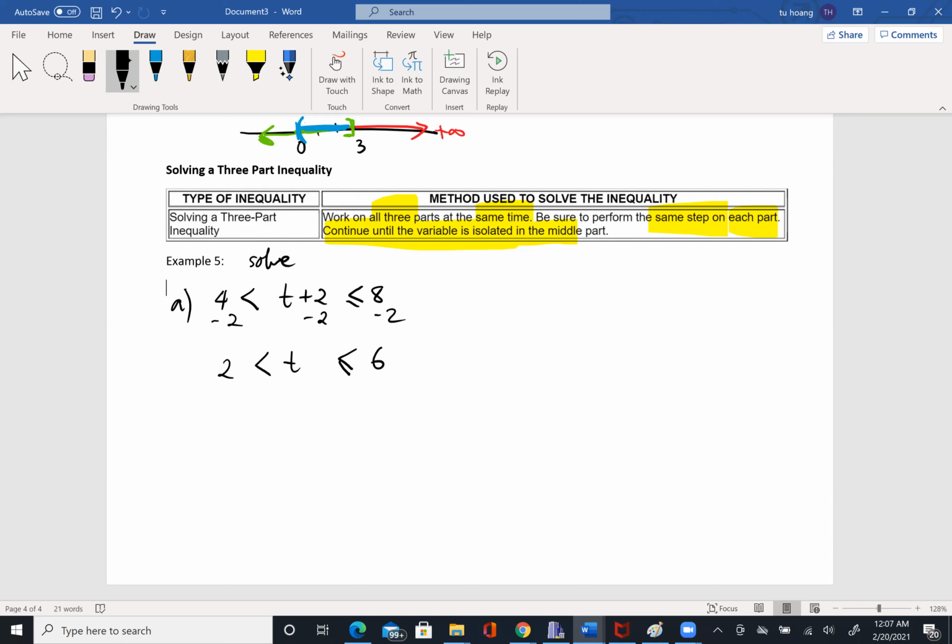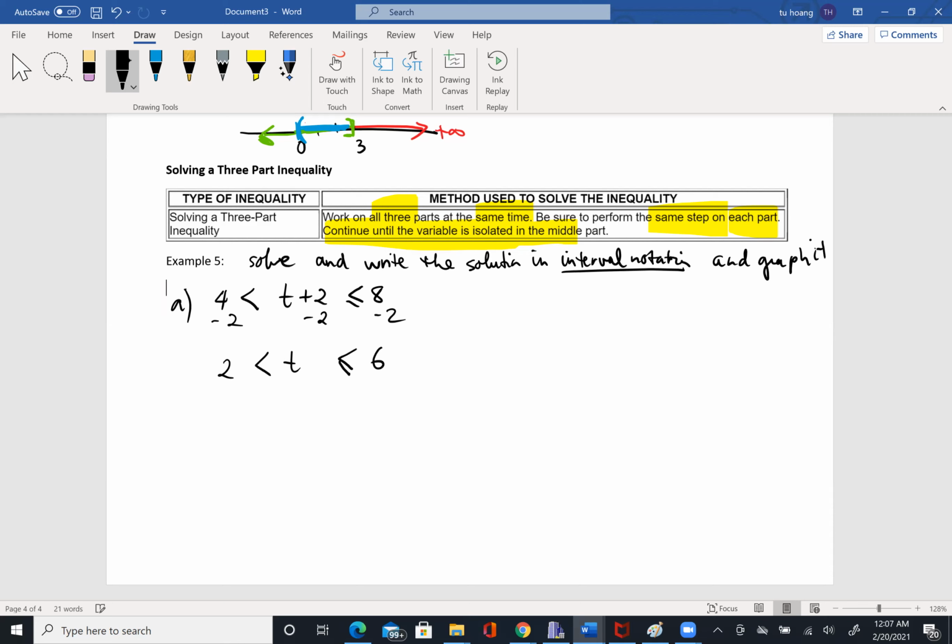Let me say solve and write the solution in interval notation and graph.